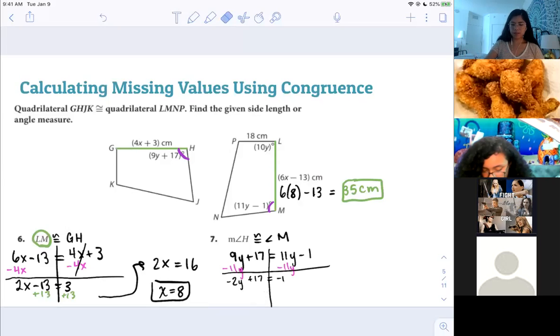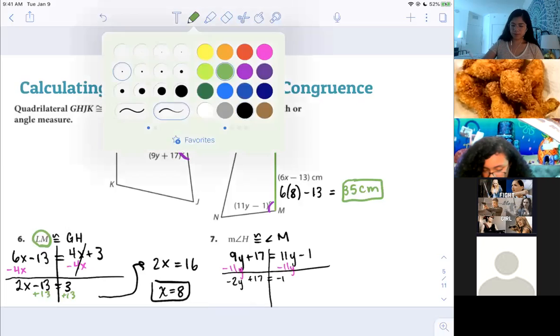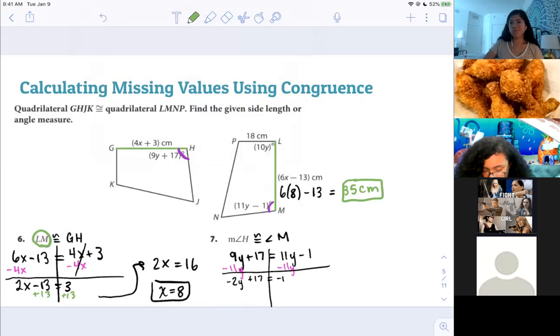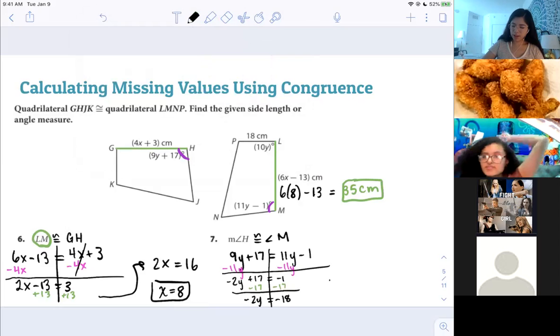Subtract the 17. Good. And what's -1 minus 17? Careful. Negative 18.